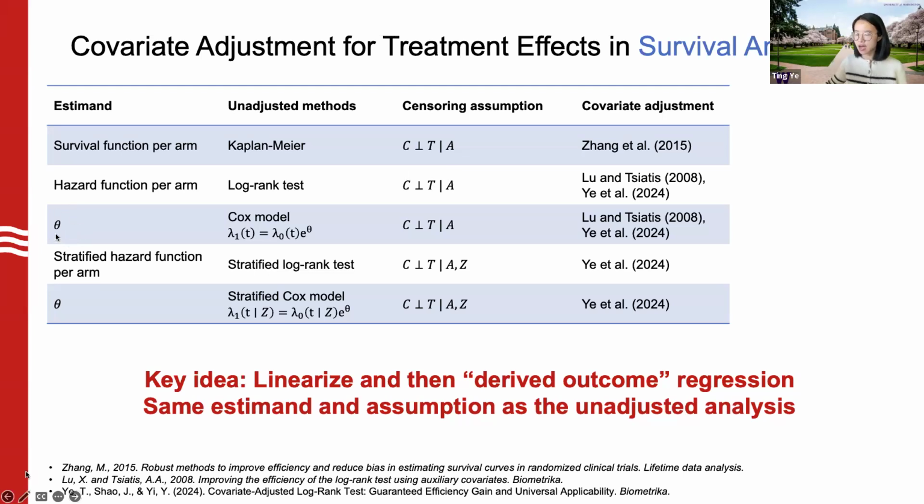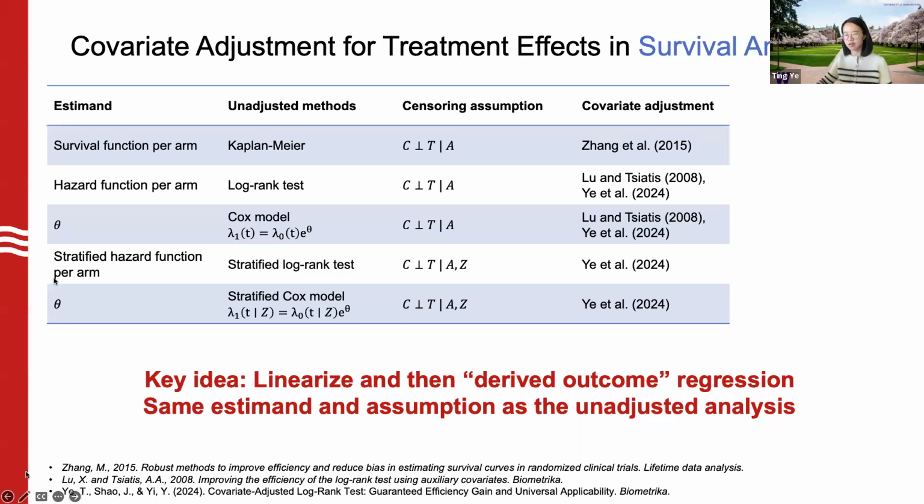The next is the unconditional hazard ratio, or log hazard ratio, and this is defined by the Cox model that includes only the treatment indicator. In order for the hazard ratio to be defined, this needs to satisfy the proportional hazards assumption. Or we care about the stratified hazard function per arm.